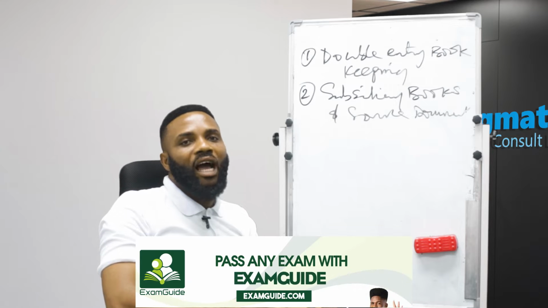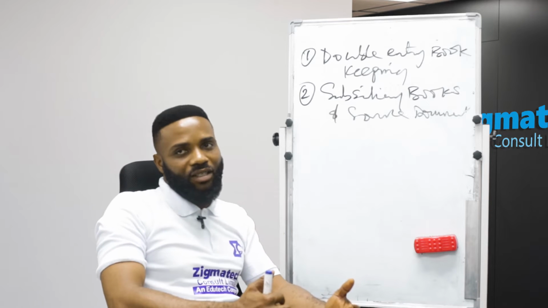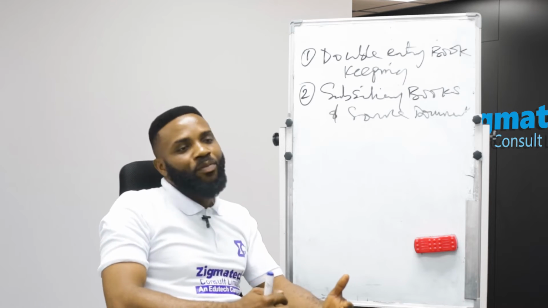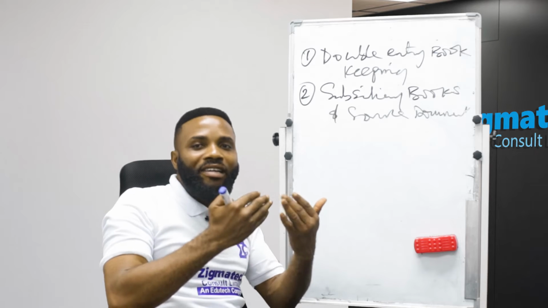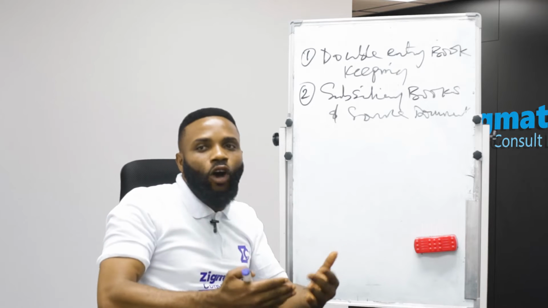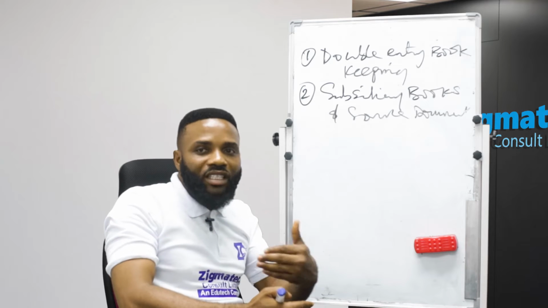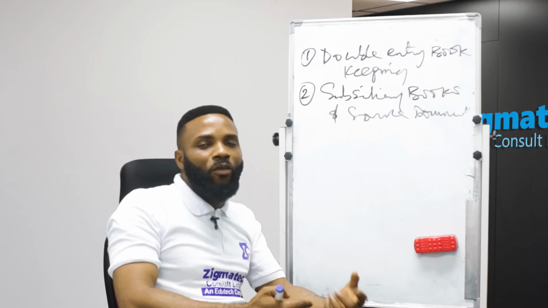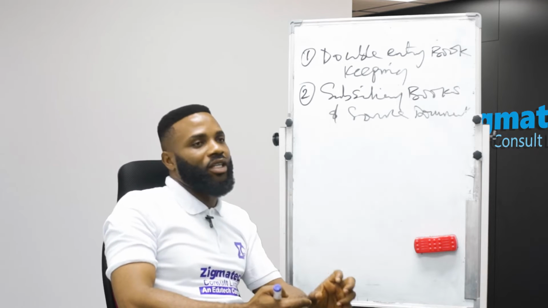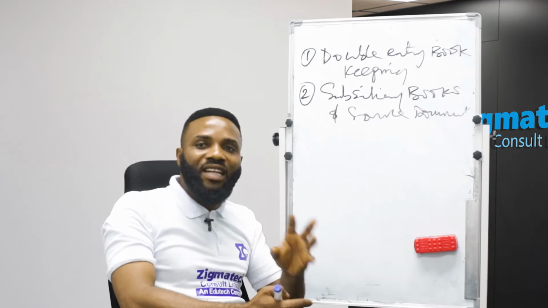Source documents are what we call objective evidence or documentary evidence that shows the reality or the authenticity of a transaction. A transaction took place between two persons. What is the proof? So the proof of a transaction is very, very important. In some textbooks, we call it business document.